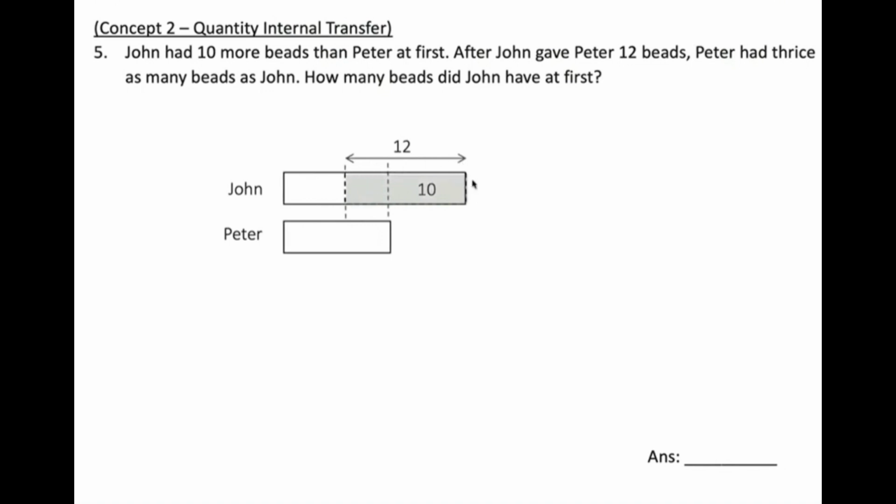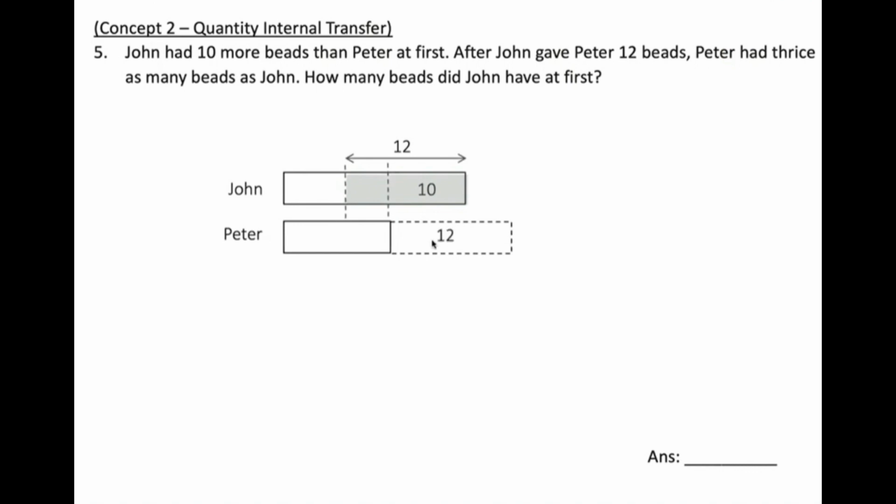And I'm going to cut this piece and give it to Peter. When you transfer over to here, when you draw the extension here, try to make it about the same length as this piece that you shade out from John, as much as you can. So this will be 12.